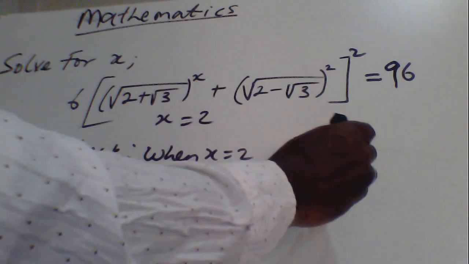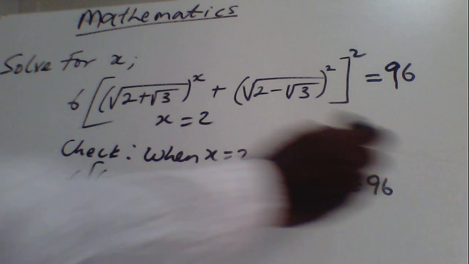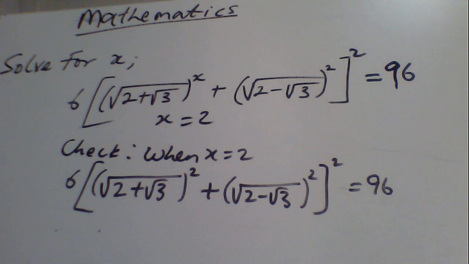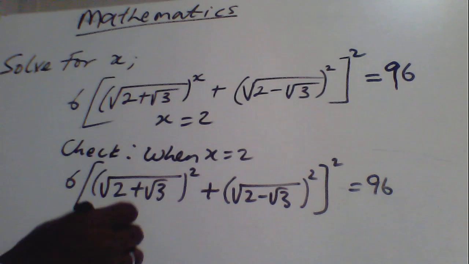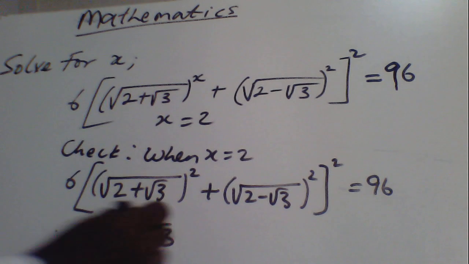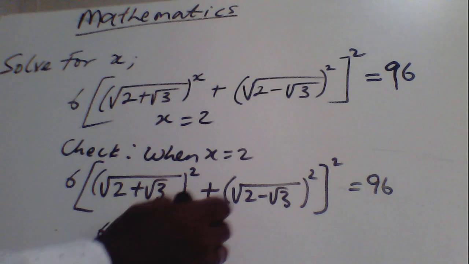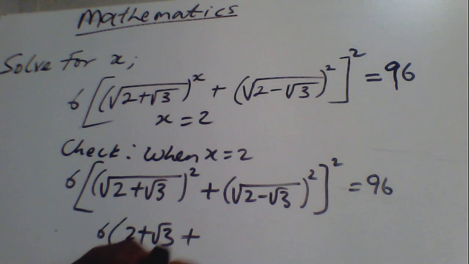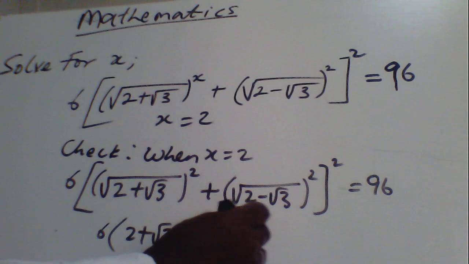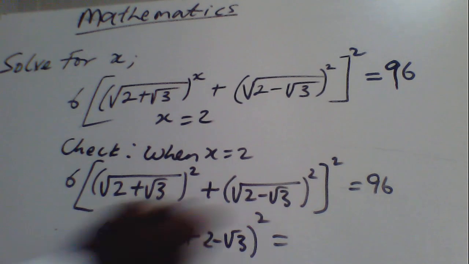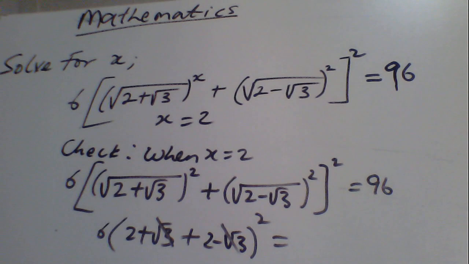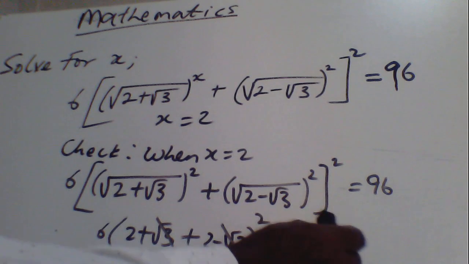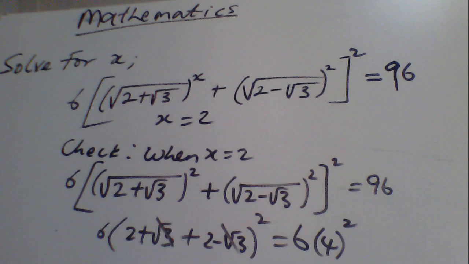Remember there is a square here. And then 96. So the square root, we cancel 2 to give us 2 plus root 3, plus, square root, we cancel 2 to give us 2 minus root 3 squared. So plus root 3 minus root 3 cancel out to have 6 multiplying 4 raised to power 2.